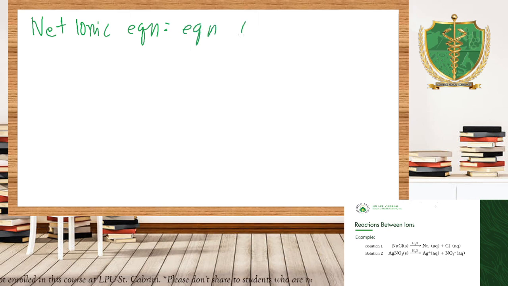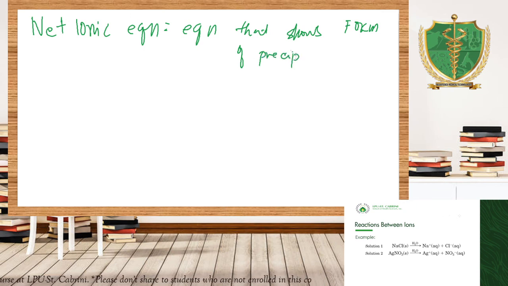When we say net ionic equation, that is an equation that shows the formation of precipitate.